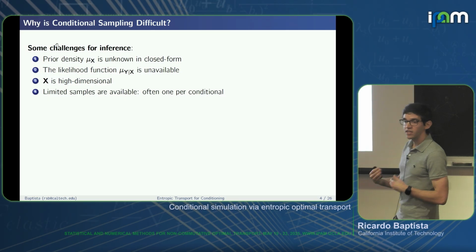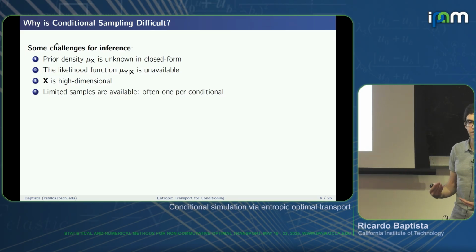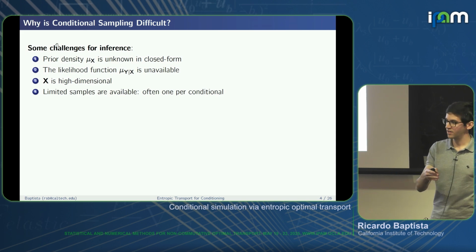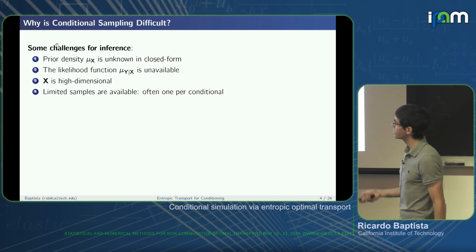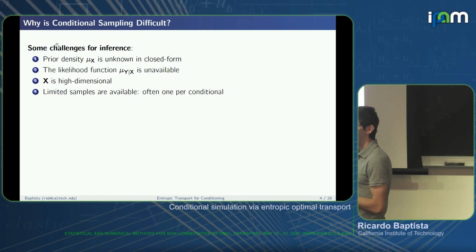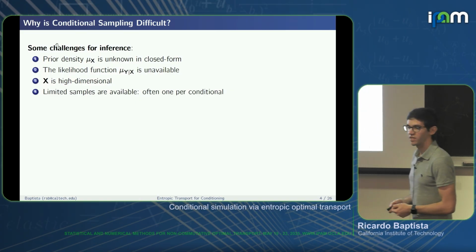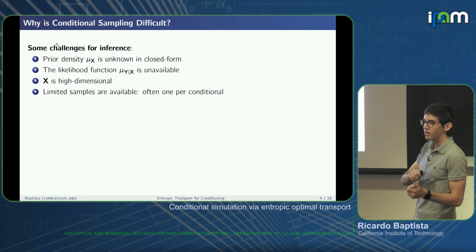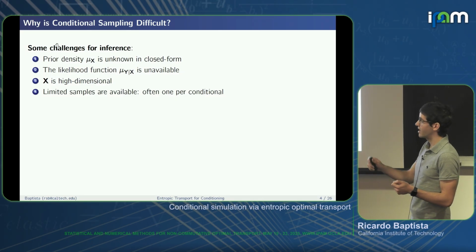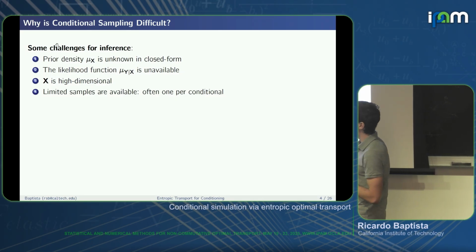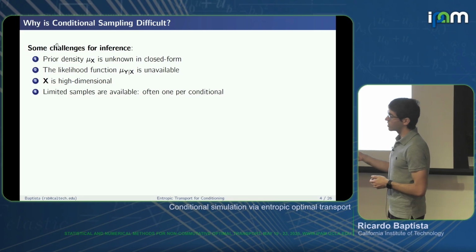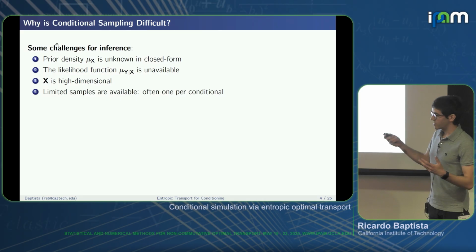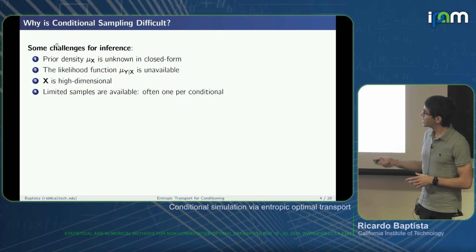The second is the likelihood function that arises from this forward model that relates images and text, or states and observations, might also not be easy to actually evaluate, because maybe we don't really understand all the measurement errors that enter into this mapping. The third is we're often trying to sample very high-dimensional objects, like these high-resolution images.